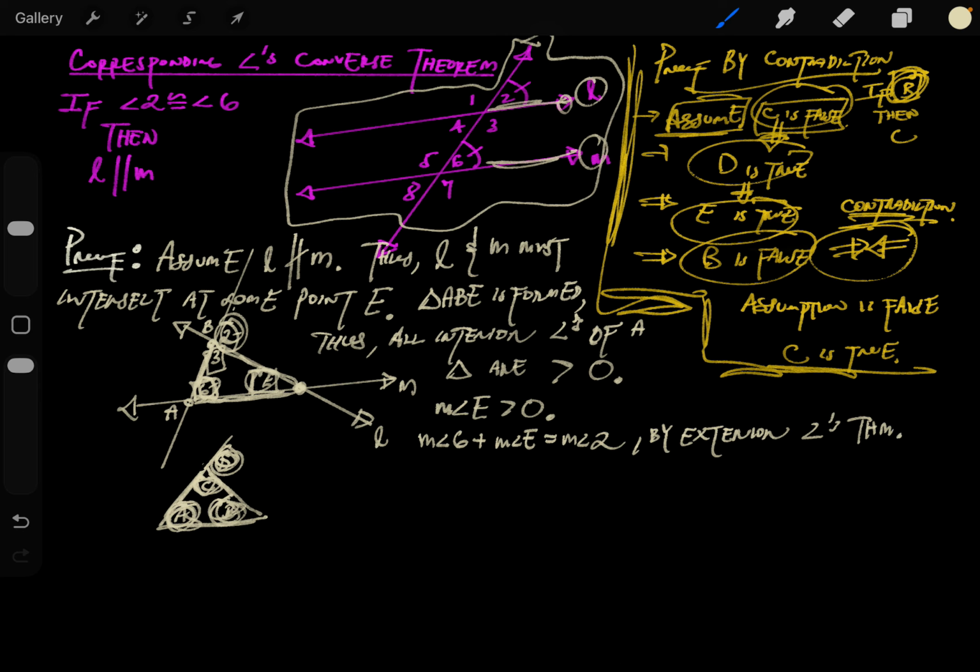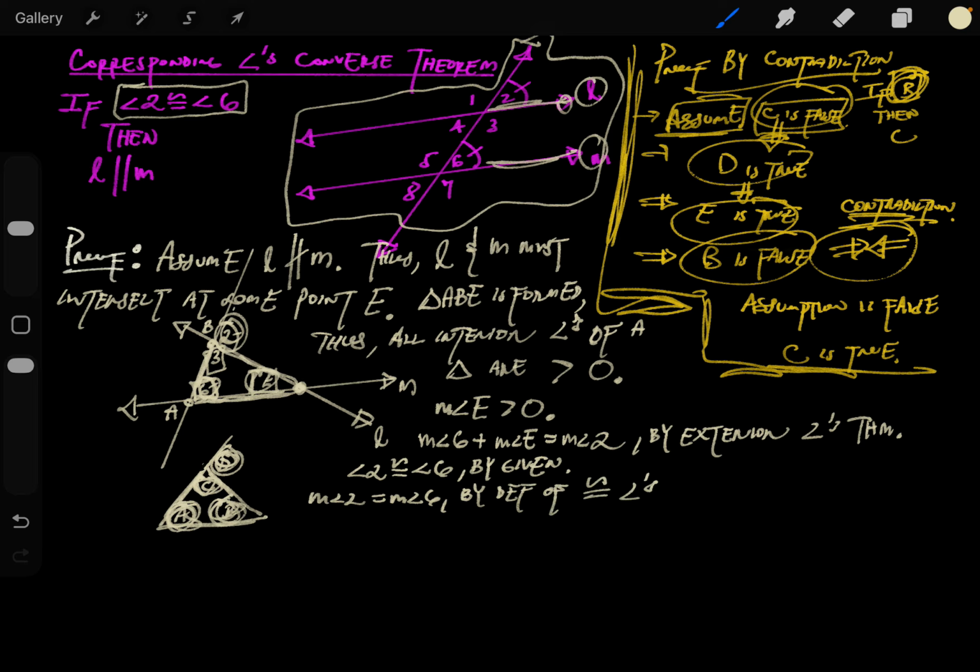Now we're given the fact, right? We're given that 2 is the same as 6. So angle 2 is congruent to angle 6 by given. And then the measure of 2 is equal to the measure of 6 by definition of congruent angles. Okay, and then you can substitute.